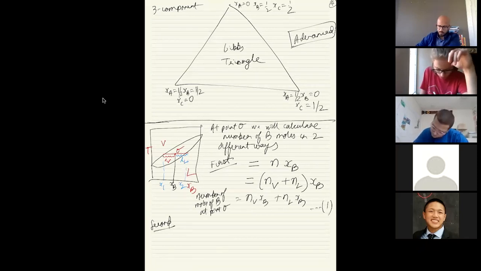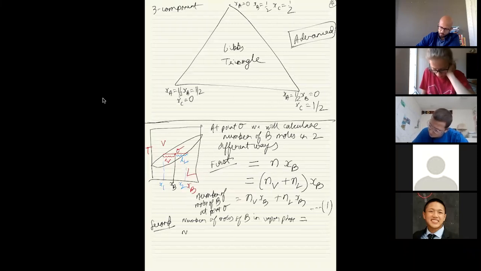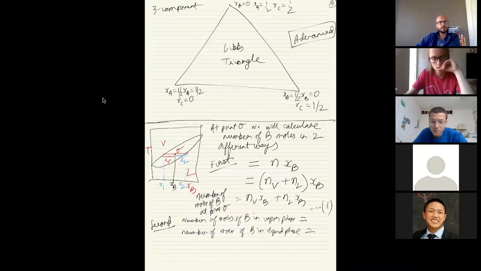For the second way, we have to think about number of moles of B in vapor phase, and we have to think about number of moles of B in liquid phase. And if we can write down both of these and sum it together, then we get the first way of thinking.